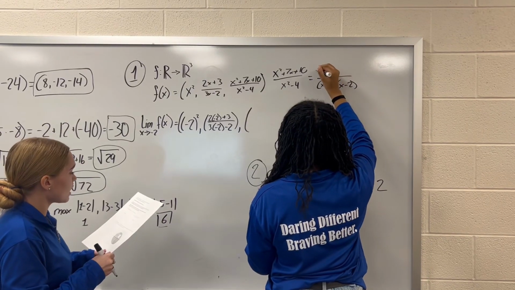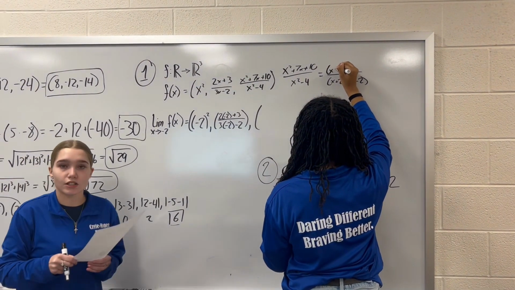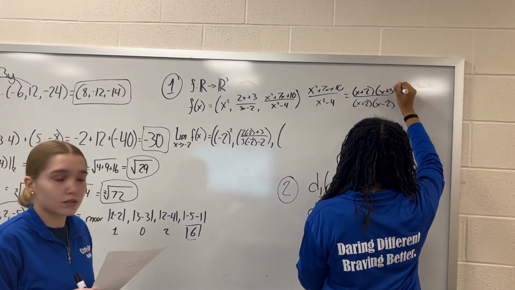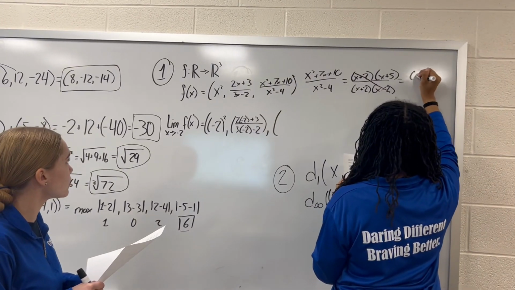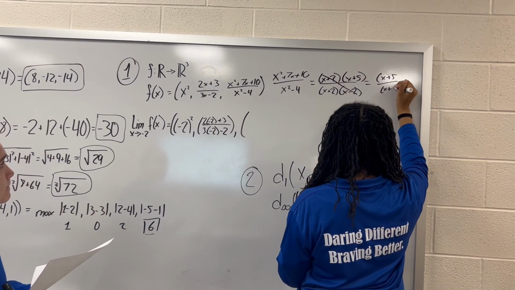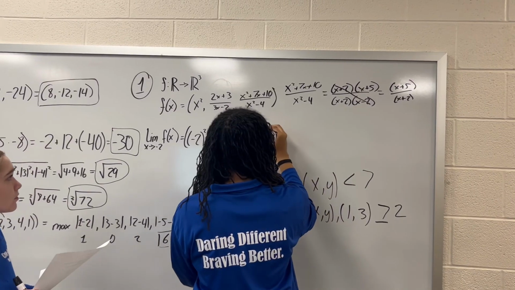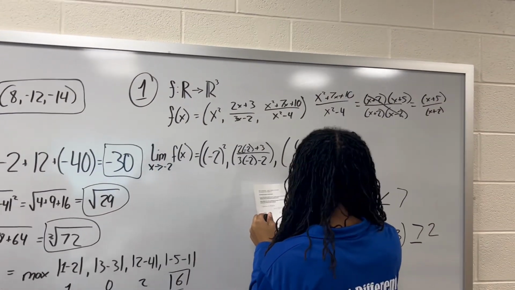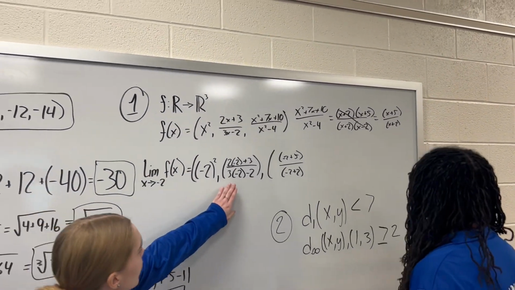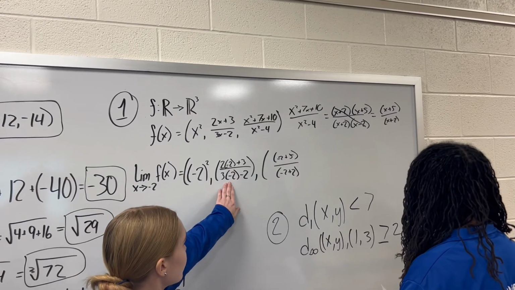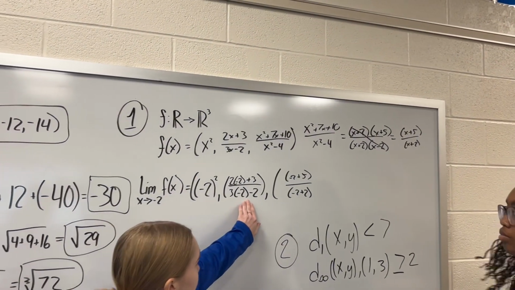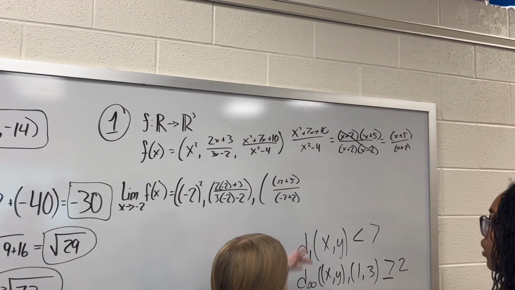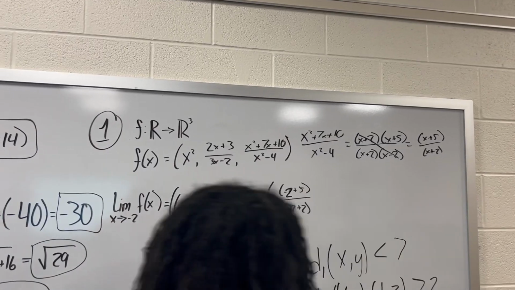We're given the function, and we are to evaluate the limit as x goes to -2, which comes out with your first term to be negative 2 squared, and then your second term to be 2 times negative 2 plus 3 divided by 3 times negative 2 minus 2. And then your third term remaining comes out to, is that negative 7? Negative 2 plus 5.